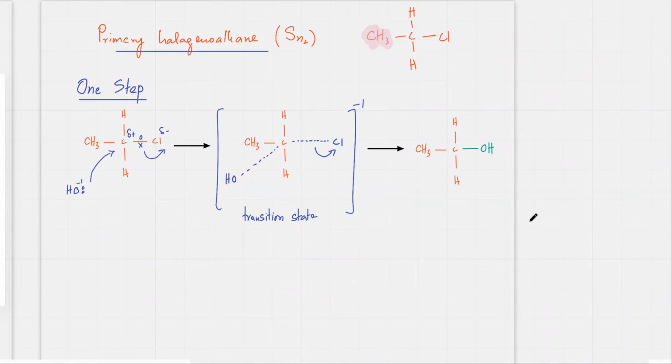Now, about this mechanism, there are two things. One is, why does this happen? That's the question. Why is there not a carbocation?